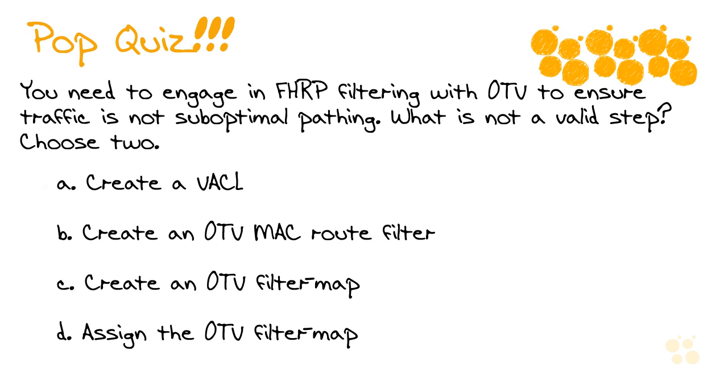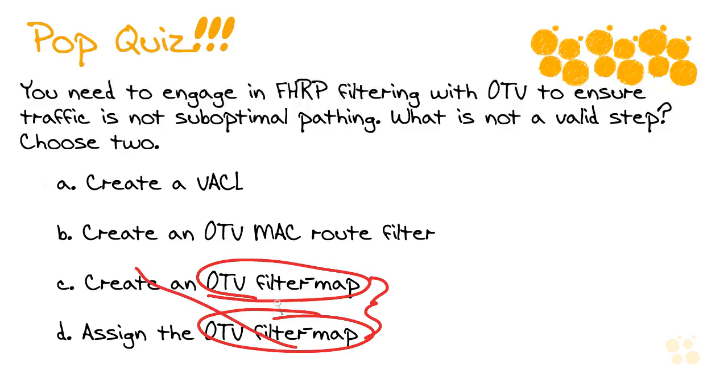Now, if we didn't know anything about troubleshooting in the data center, we would probably think these are valid, even though there's no such thing as an OTV filter map. Totally made up, but it sure sounded good, and those steps seem like they might be valid.